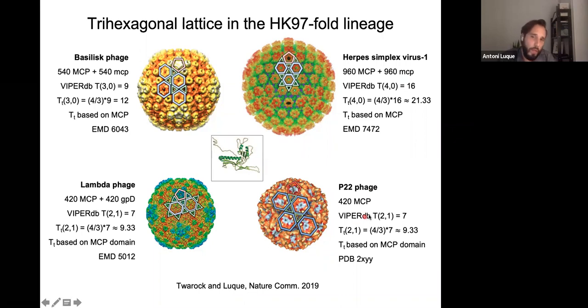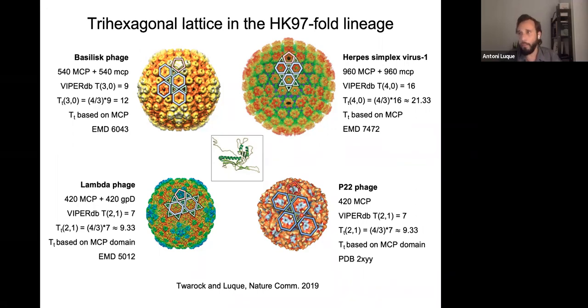So although you could fit it into a T7, when you look at the densities, it looks like the different densities align better with a trihexagonal lattice. But we're still not sure how we can classify these up front when these viruses, even in the absence of minor capsid proteins, might be navigating the trihexagonal lattice.